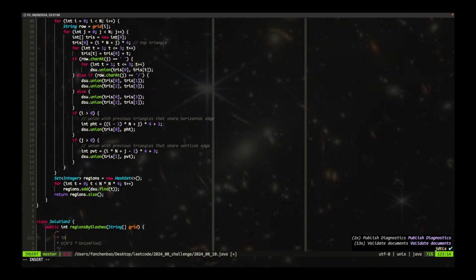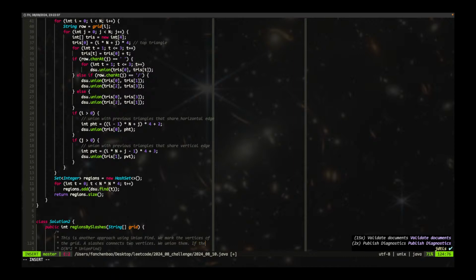This is another approach using union find. We mark the vertices of the grid. If a slash connects two vertices, we union them.